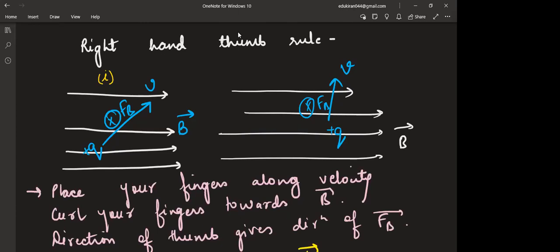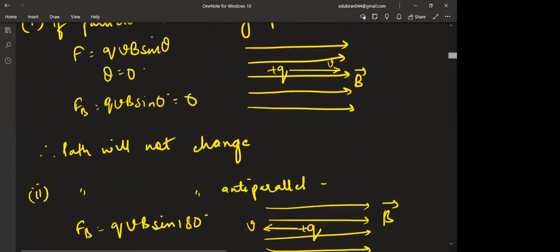Once this is done, the thumb goes inwards into the page. Similarly for the second part: if I keep my right hand pointing towards velocity and curled towards the magnetic field, which is towards the right-hand side, the thumb will go inwards. The thumb gives you the direction of force. This is how you will use it.